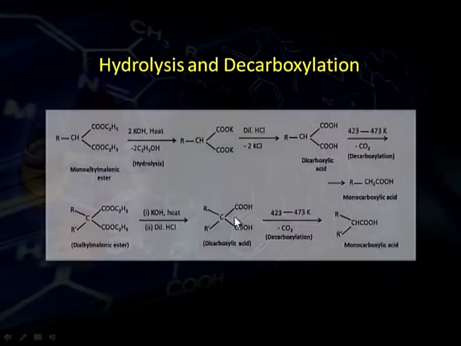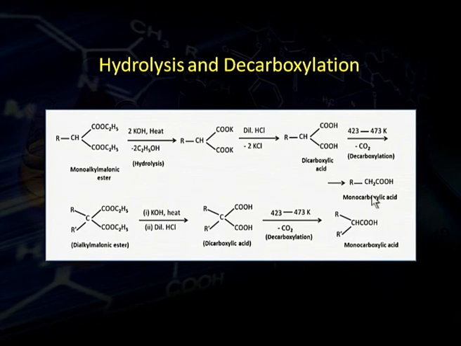The monoalkyl and dialkyl malonic esters obtained above, upon hydrolysis with aqueous alkali followed by acidification, give the corresponding dicarboxylic acids, and these acids are thermally unstable and yield a monocarboxylic acid.